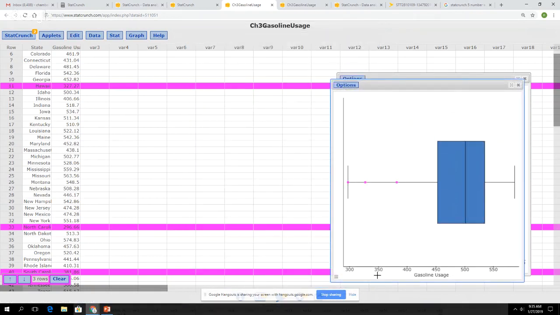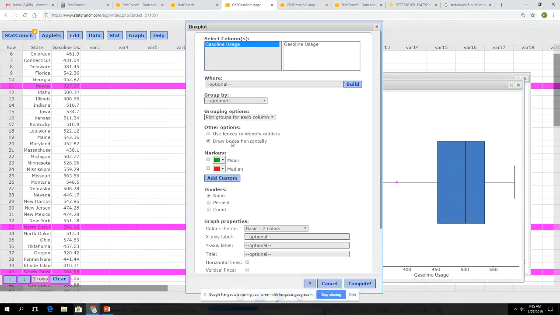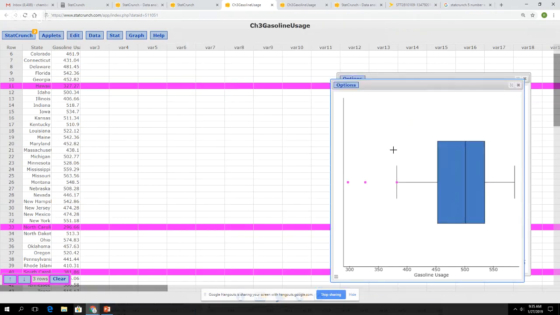Well, I was hoping to see a dotted line. If you read through your textbooks, they'll put a dotted line at the fence, and you'll see that it's usually just a little bit above, because this actually intersects the lowest data point north of the fence. So these guys are honest-to-God outliers.